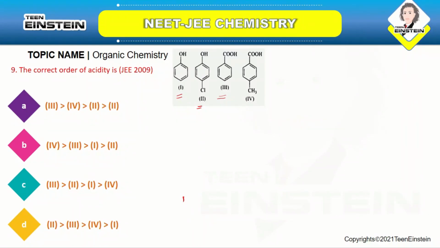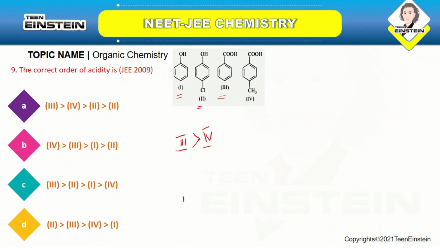So option 3 is the more acidic group. Next, come to the toluic acid, which is acidic but less than the carboxylic acid.